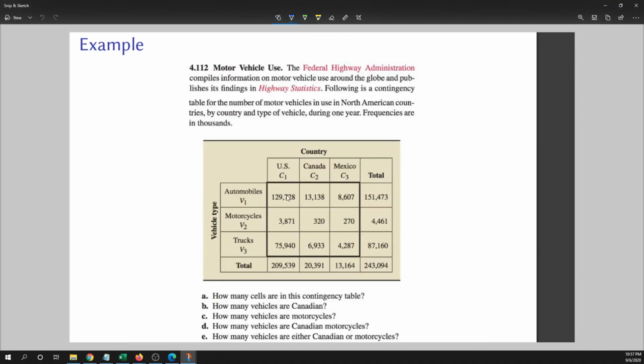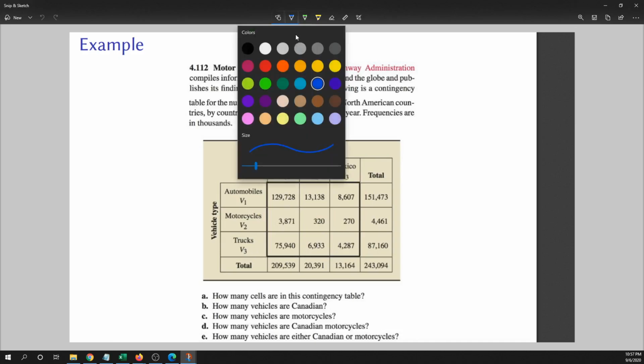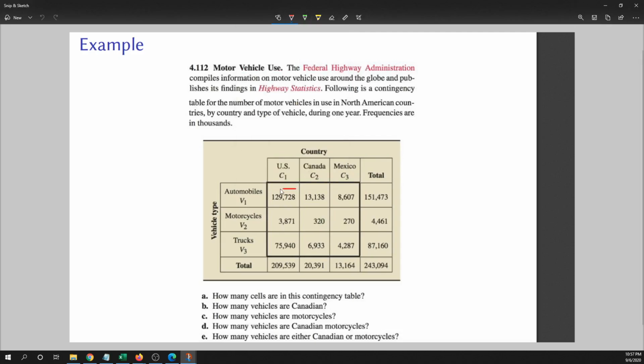Anything that's in this column or this row, the C1 column or the V3 row, is going to figure into that. These numbers are all in the event C1, and all of this row is all in the event V3.